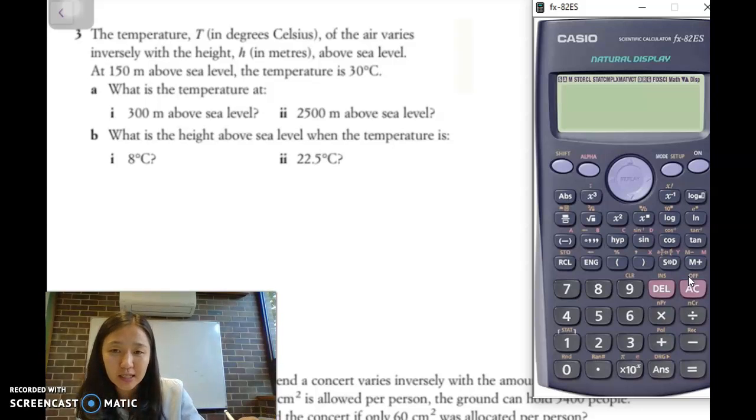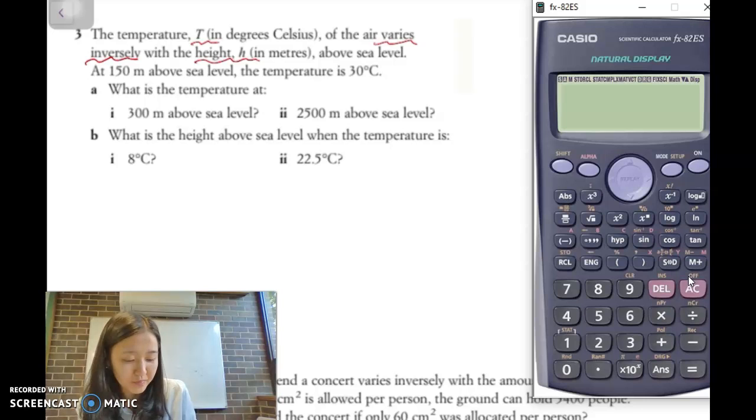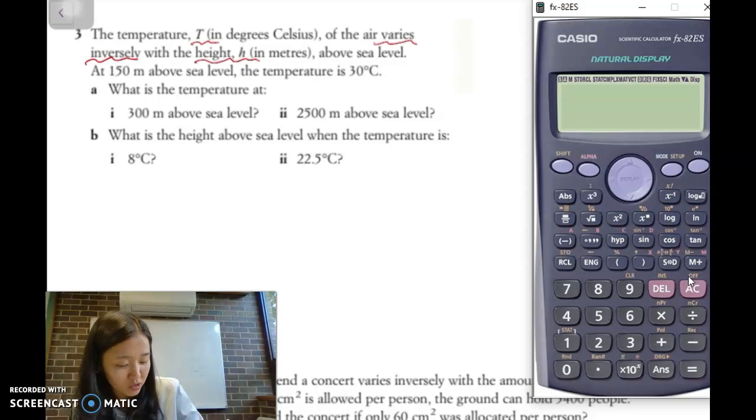The temperature T in degrees Celsius of the air varies inversely with the height above sea level. At 150 meters above sea level, the temperature is 30, and so H is 150 when T is 30 degrees. So we can even write down our general equation using that information.